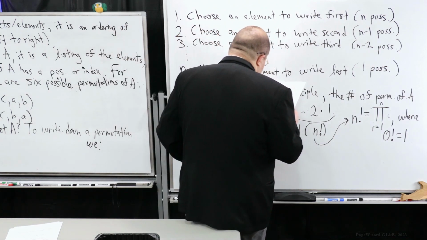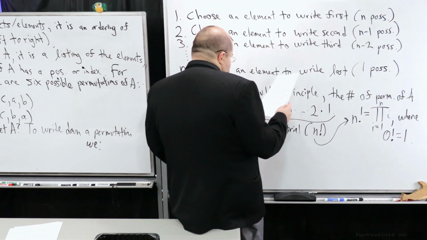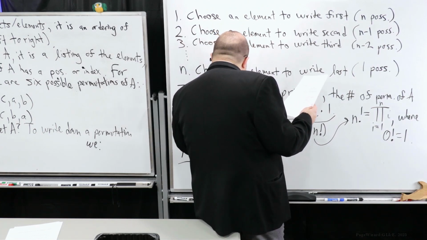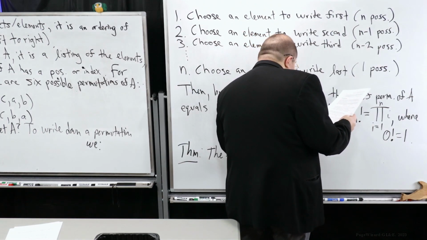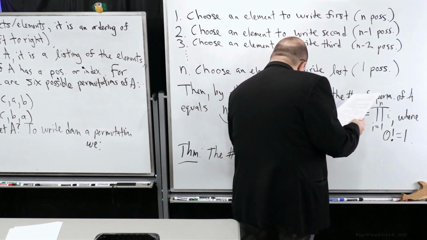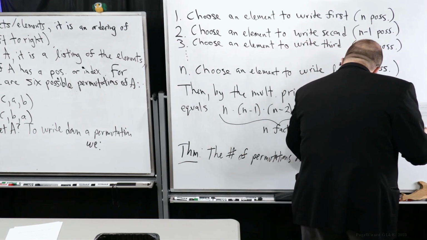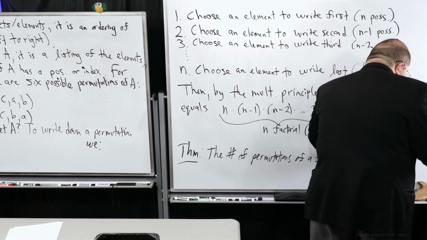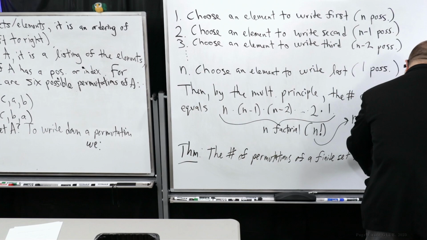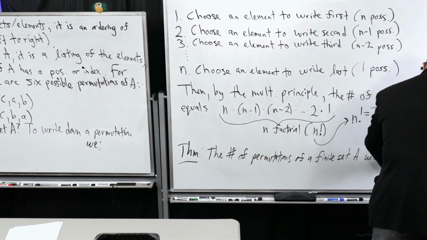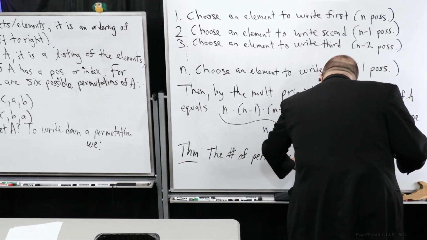So here's the theorem. The number of permutations of a finite set A with n greater or equal to 1 elements is n factorial.